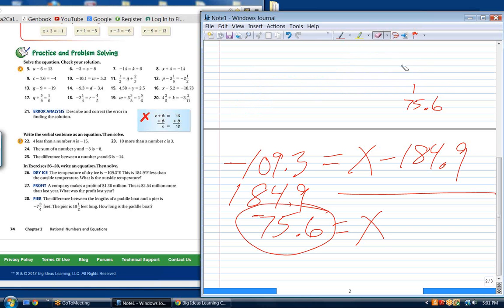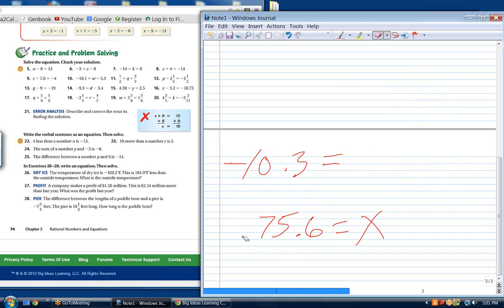Had we made a mistake, let's make a mistake here and see what happens. Had we made a mistake and said 184.9 minus x, which is the mistake that a lot of people will make, now notice that I need to add x to both sides to turn it into a positive, and then I need to add 109.3 to both sides to get rid of it.